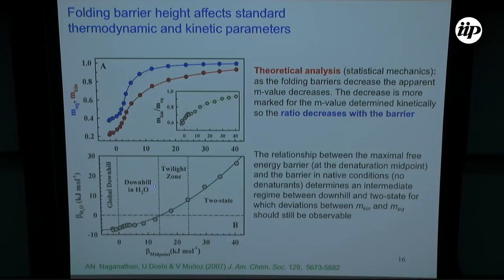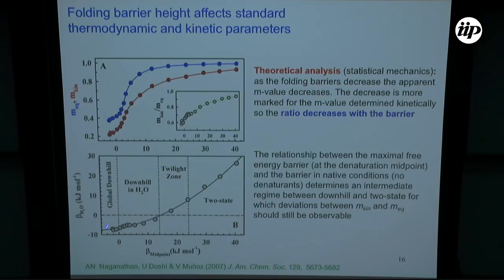Okay, so when you keep doing the analysis now and you look at the free energy surfaces you get from here, now what I'm plotting here is this midpoint barrier, the same as in this graph, but here I'm putting the barrier that you will find in native conditions. Okay, and this has to do with the type 0 versus type 1 scenarios and everything else. So when you do this plot here, what you see is that there is a range of behaviors in which both of them are downhill, right?